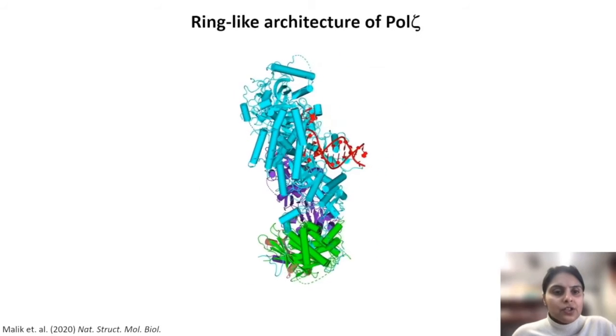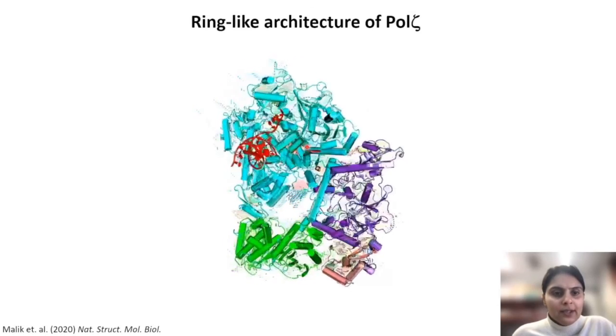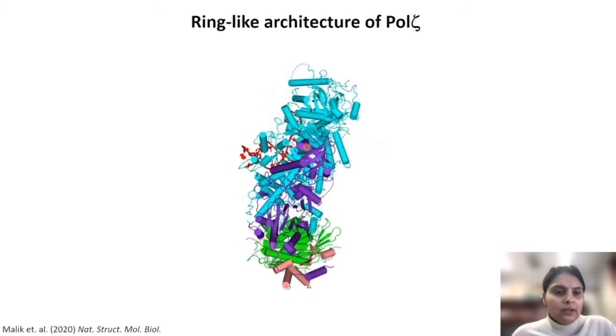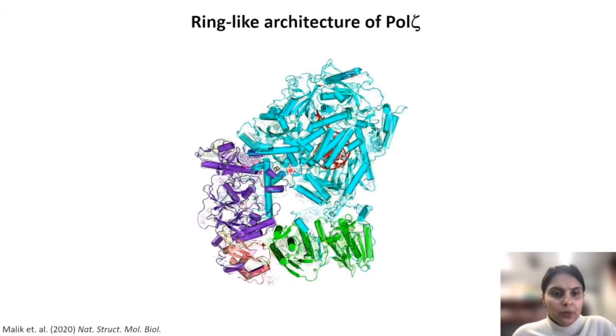So this is what the structure of Pol zeta looks like. It's a ring. The DNA is in red and it contacts the catalytic module Rev3, which is in blue. And then there are these appendages which basically come out from the core of Rev3, and they are called the Rev7 interacting region, which interacts with the two Rev7 molecules in green.